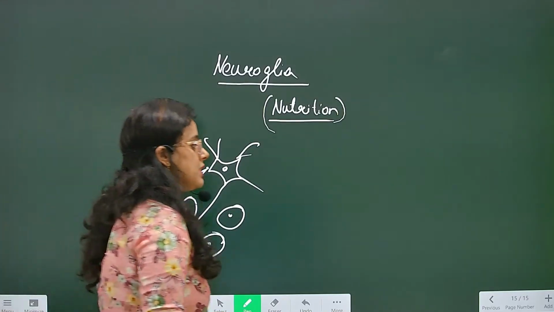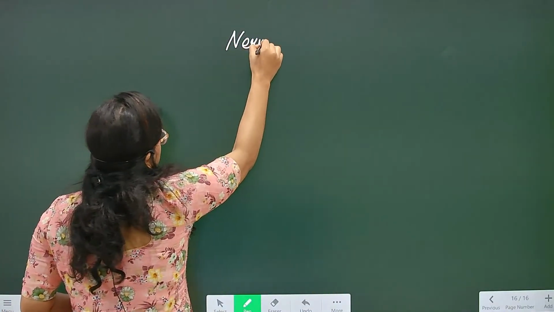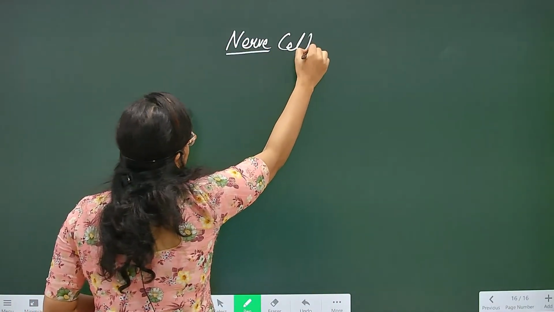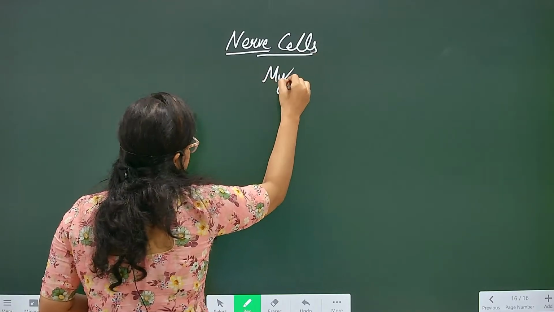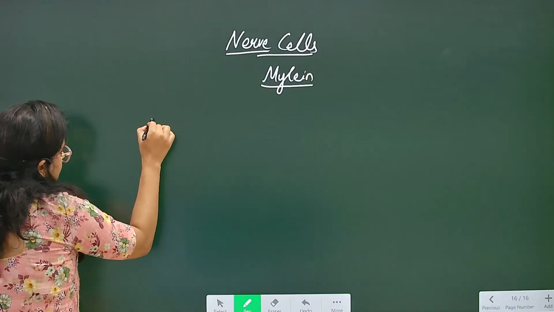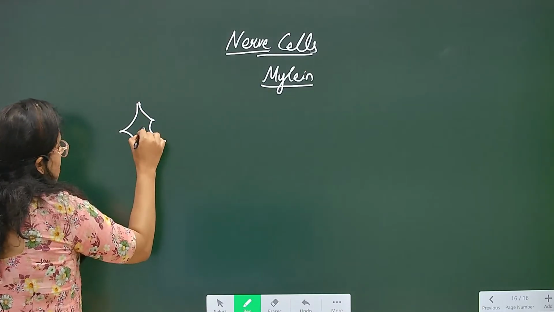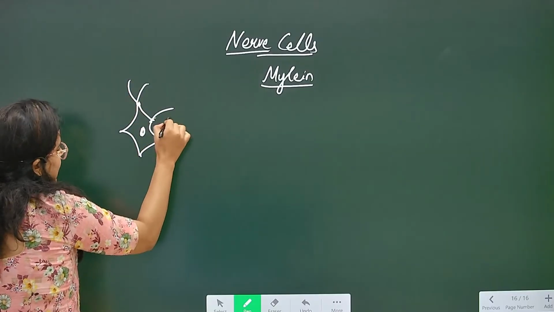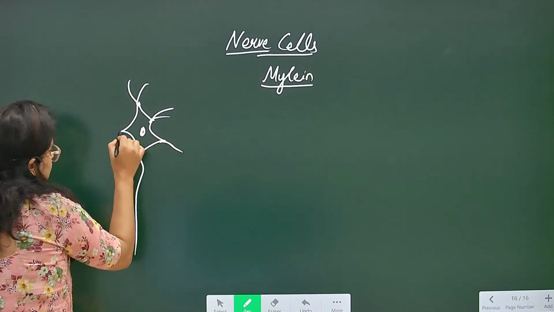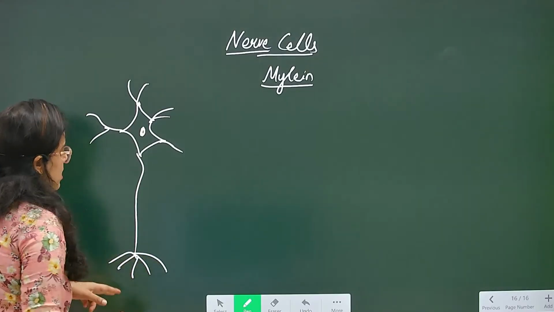Nerve fibers are further classified into two types because of the myelin sheath. At the start of the chapter I explained about the myelin sheath, which is formed by Schwann cells. This is the typical structure, with axon termination.